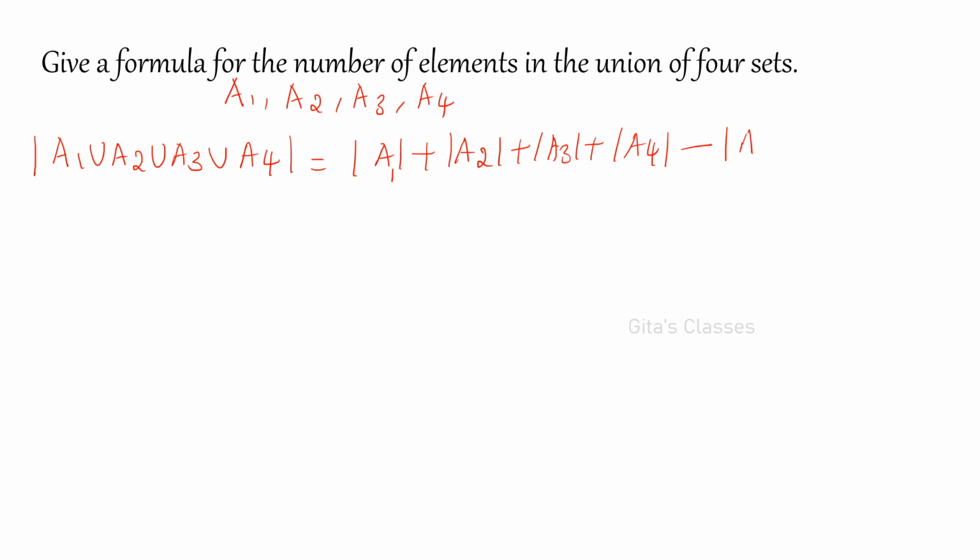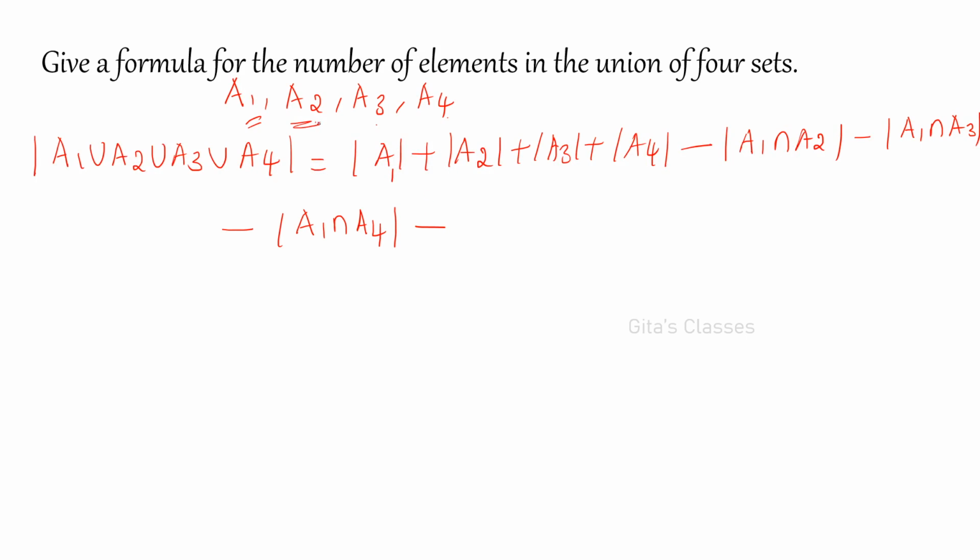So for the cardinality of A1 intersection A2, you start from 1, then go with 2, 3 and then 4. If you follow the order, then you will not make mistakes. So A1 intersection A2, A1 intersection A3, A1 intersection A4.